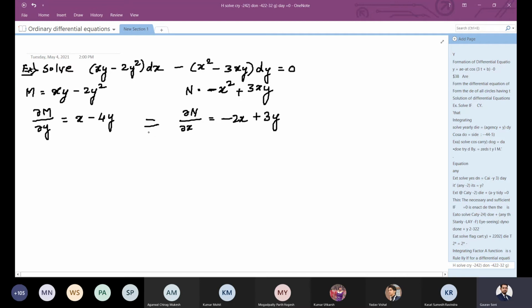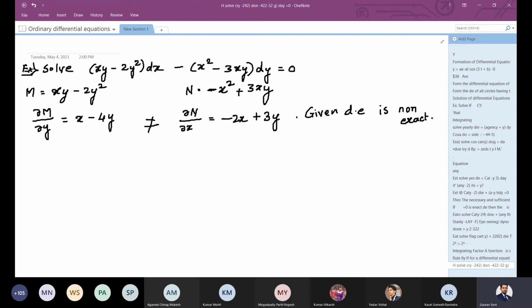These both are not equal. So the given differential equation is non-exact. Once we declare that it is non-exact, what do I have to go for? Go for finding an integrating factor so that it becomes exact.